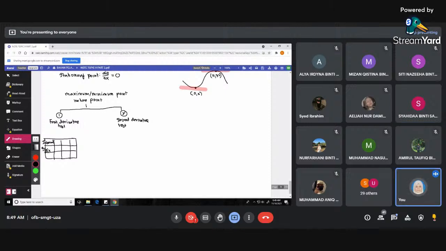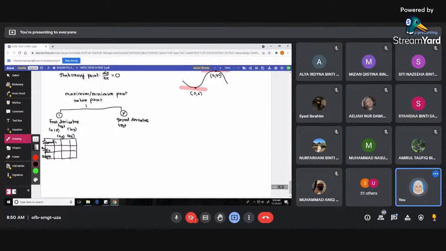Yang ketiga kita tulis slope. Kalau koordinat pertama dia (a, y), yang kedua adalah (b, y), kita susun ikut increasing of x. A datang dulu, baru B.